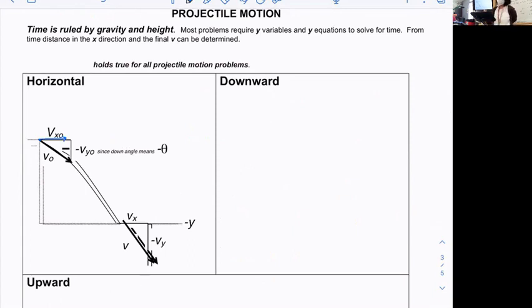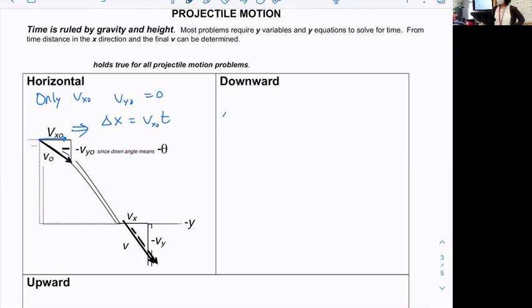With a horizontal projectile, there's only a Vx naught. Vy naught is equal to 0, and so the equations you end up using are delta x equals Vx naught t, and delta y equals, I'm going to write it over here.